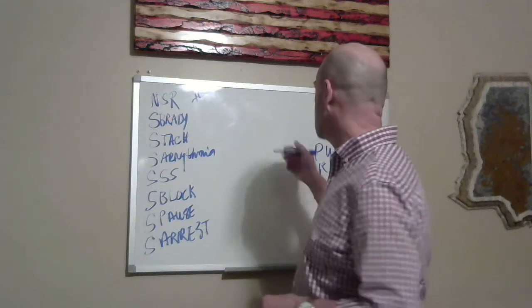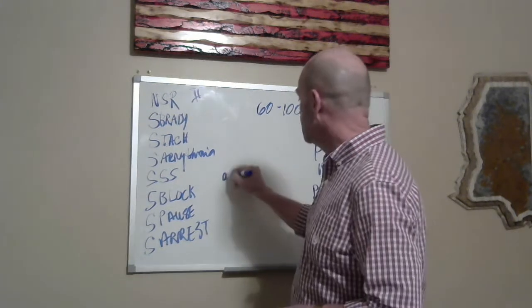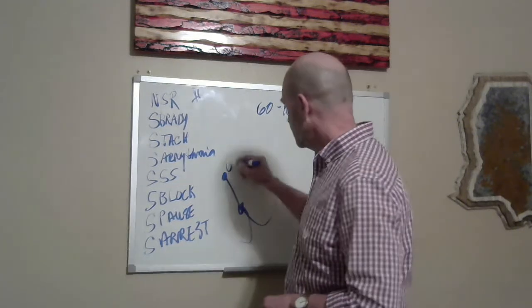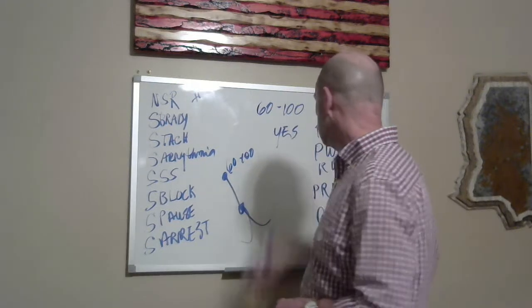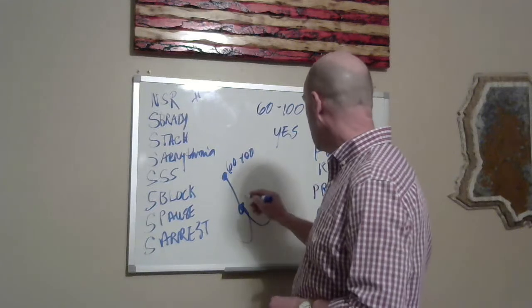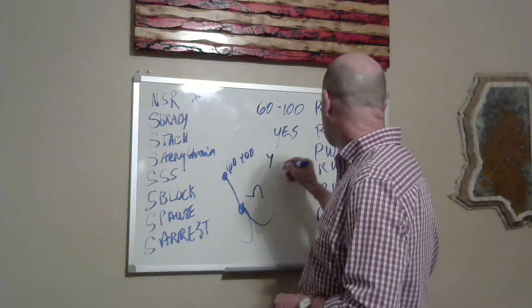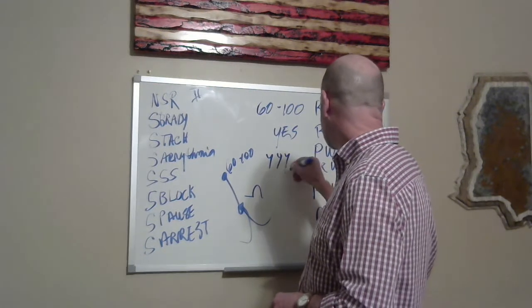Normal sinus rhythm, what's the rate? 60 to 100, because that is the intrinsic firing rate of the SA node. Is it regular? Yes. Are the P waves round and upright? Yes. Are they all alike? Yes. Is there one-to-one on the QRSs? Yes.